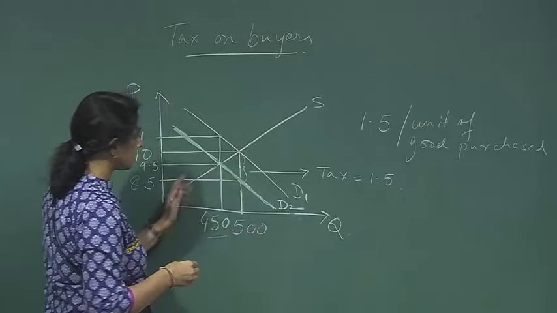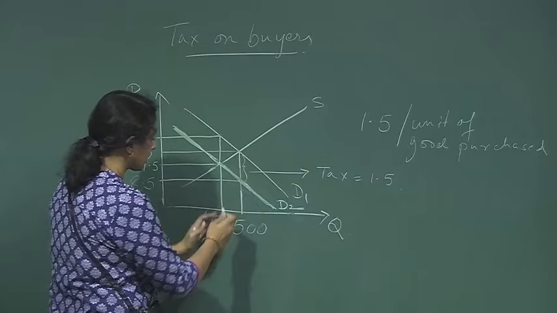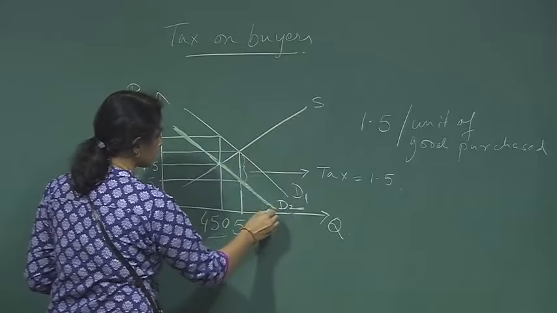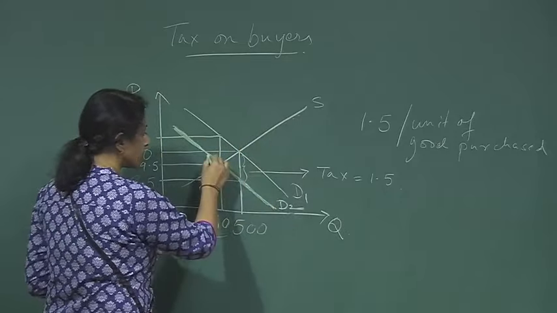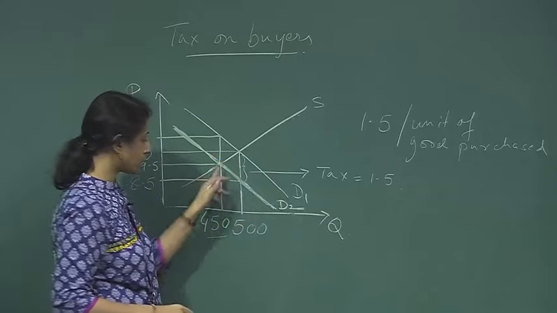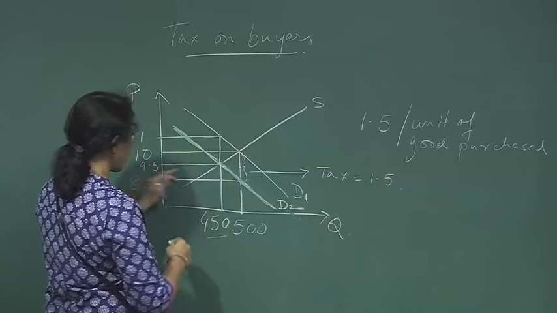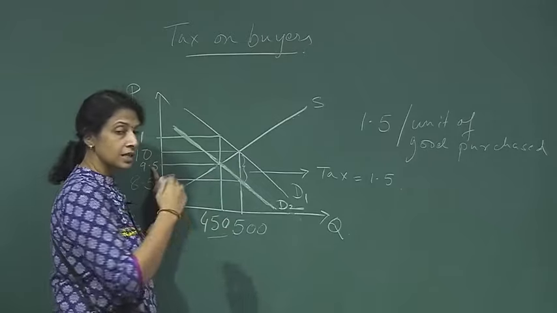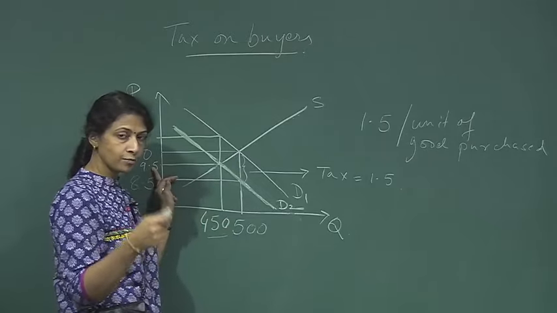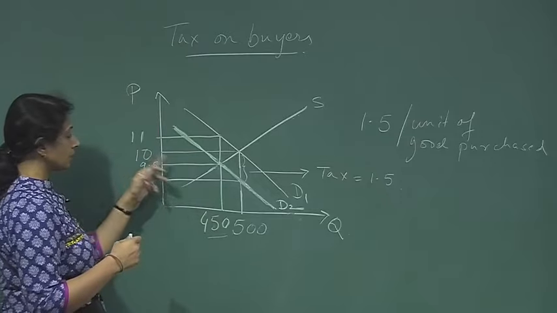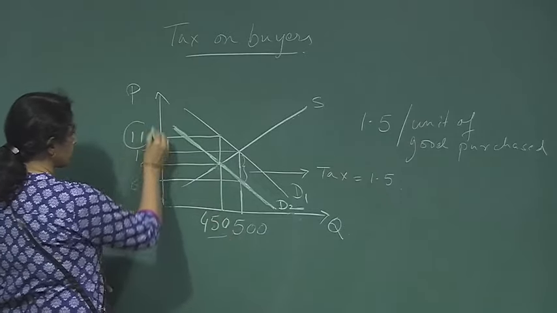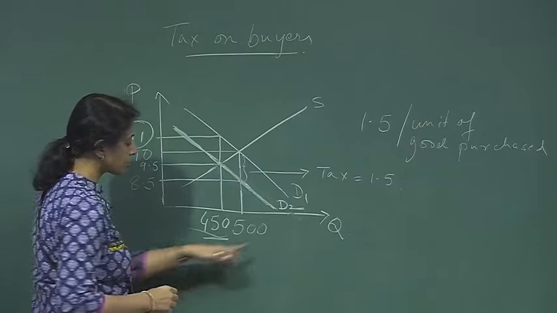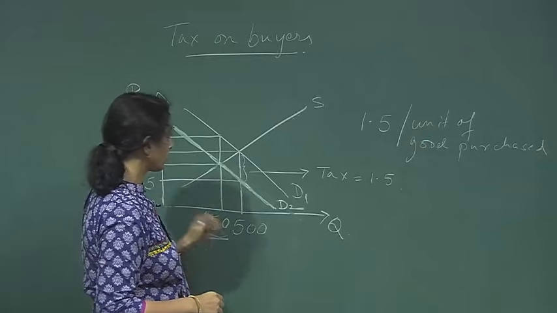So, the market equilibrium comes at a point where the price the supplier receives and the price the consumer pays to the supplier intersect, and the equilibrium is 450 here. The buyer pays 9.5 to the seller and an additional 1.5 to the government. So, what the consumer ends up paying is 11 rupees, and he reduces his consumption from 500 to 450.